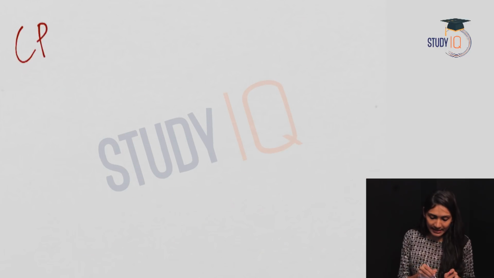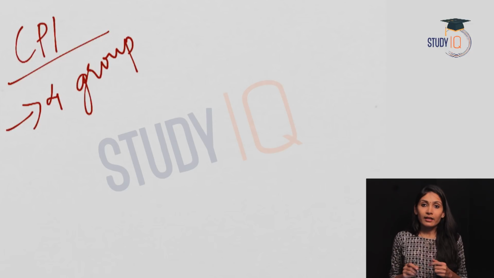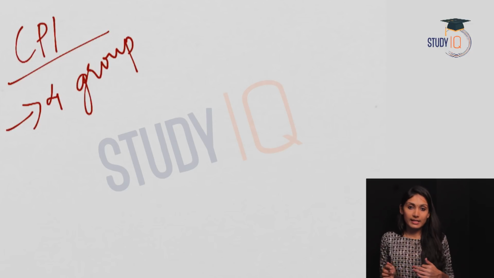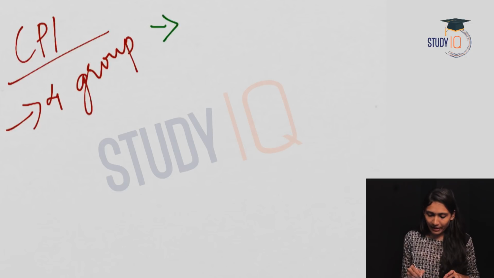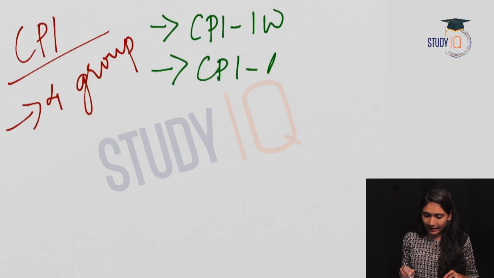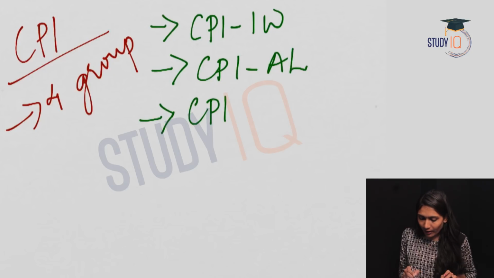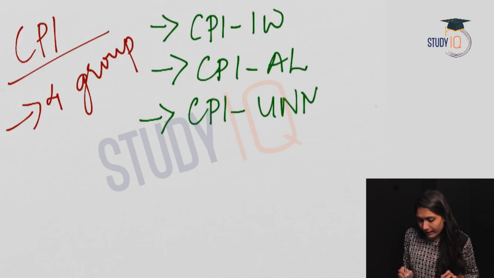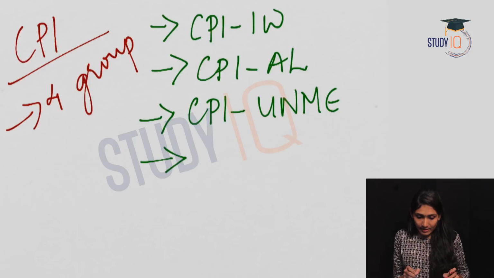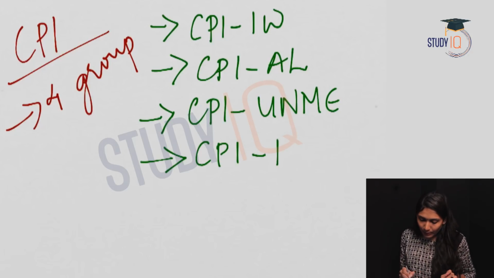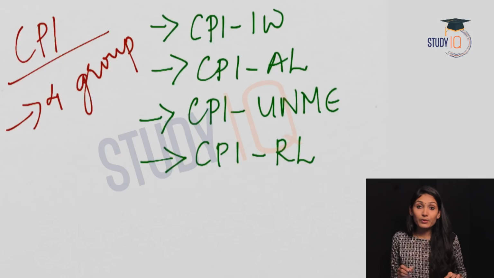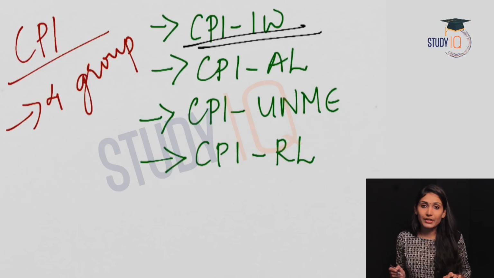And when it comes to CPI, there are 4 groups of consumers. Let us see which are the 4 groups of consumers in CPI. They are CPI for industrial workers, CPI for agricultural laborers, CPI for urban non-manual employees, and CPI for rural laborers. The first one, CPI for industrial workers.